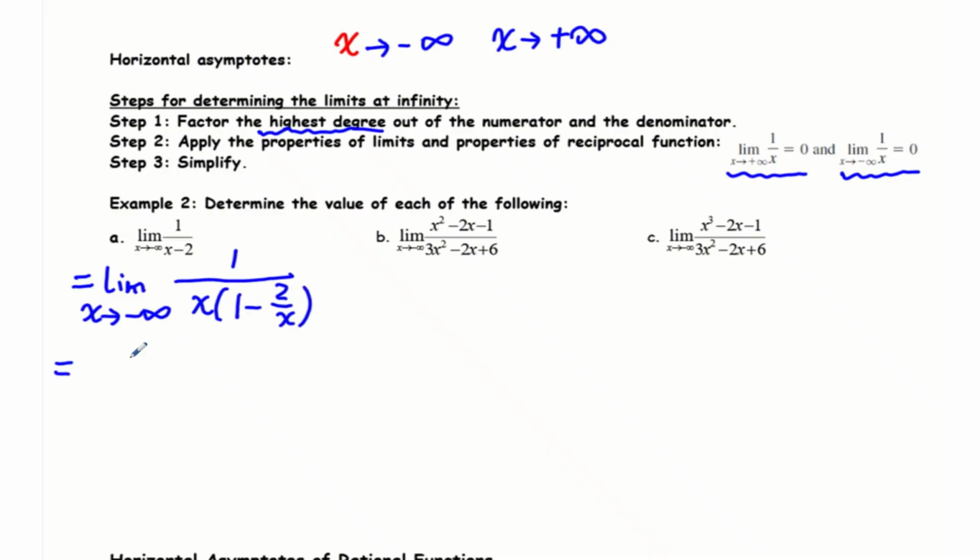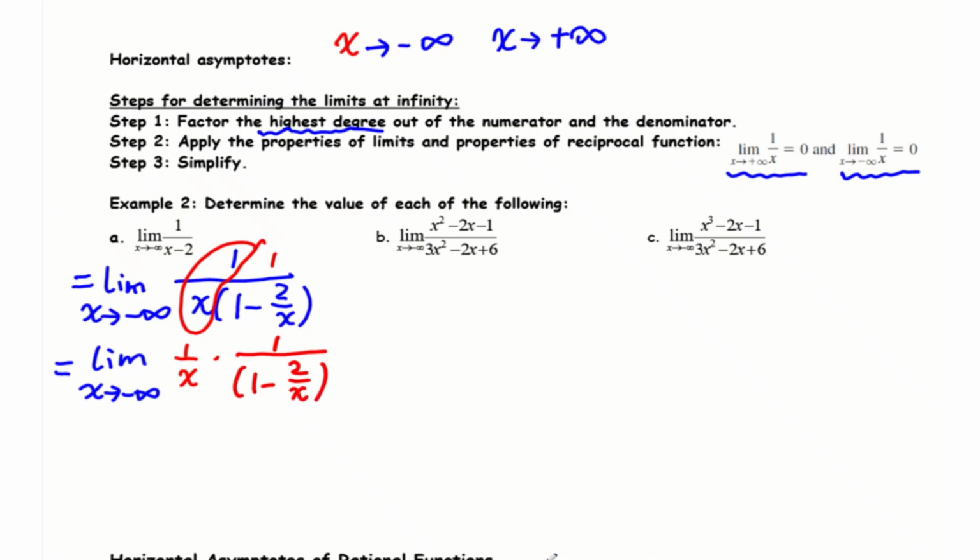Then for the limit of a product, we can separate it. So limit as x approaches negative infinity, we could separate it. This is 1 over x, then times this is 1 times 1, so 1 over 1 minus 2 over x.